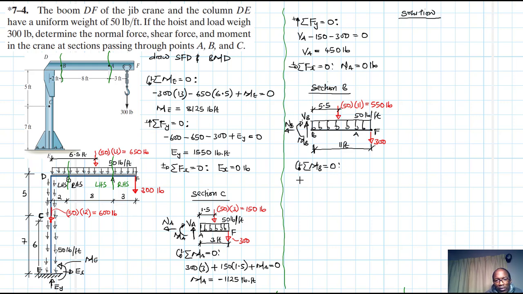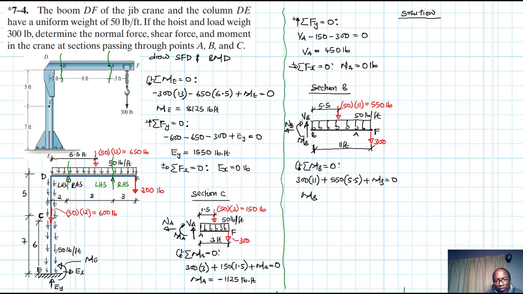So we have 300 times 11, plus 550 times 5.5, and then we have plus MB equal to 0.